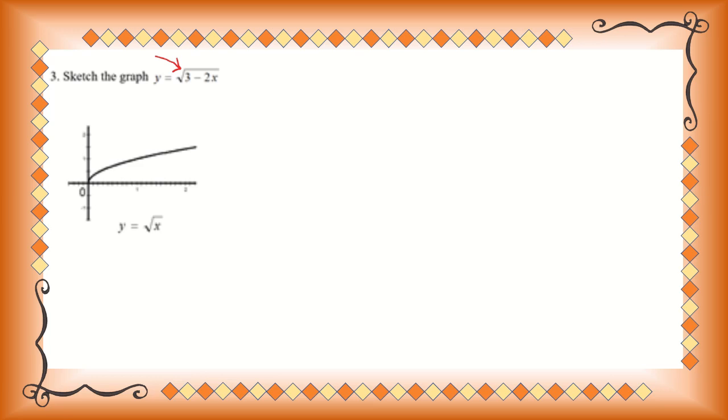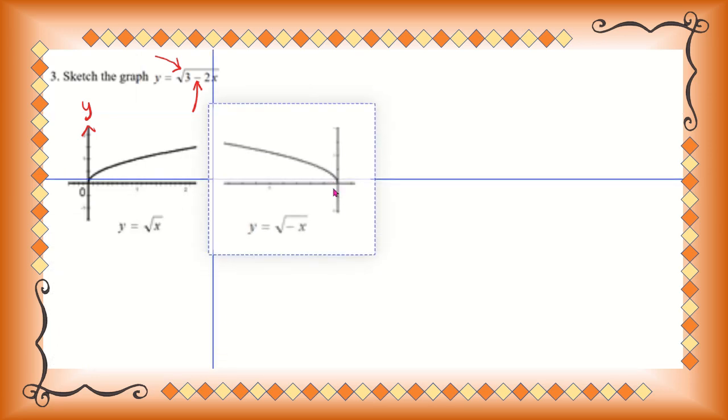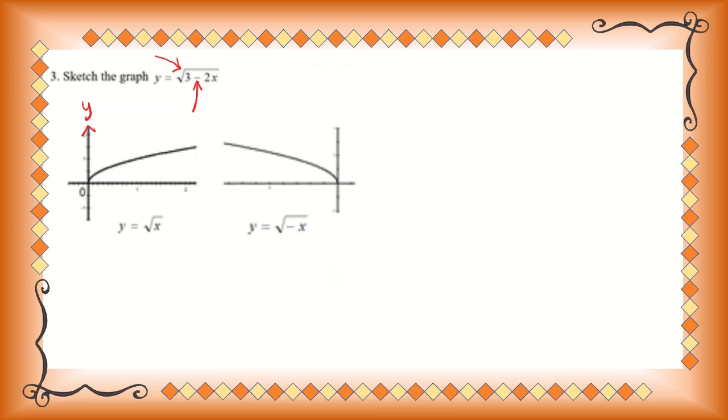Next, we need to see, is there any negative in front of x? So yes, we can see there is a negative in front of x. So means the whole curve here needs to be reflected using the y-axis. So after reflection, the curve looks like this.